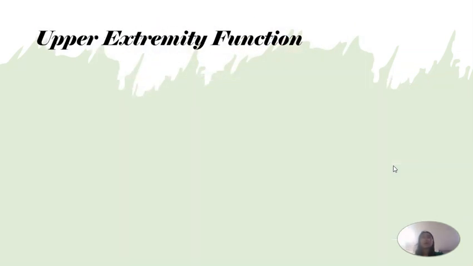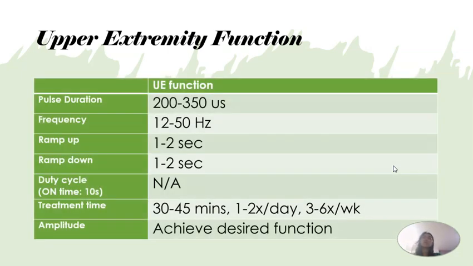Next would be for the upper extremity function. So, you could pause the video again and take note of the following parameters. Okay. As you can see here, ang duty cycle natin naka-NA.